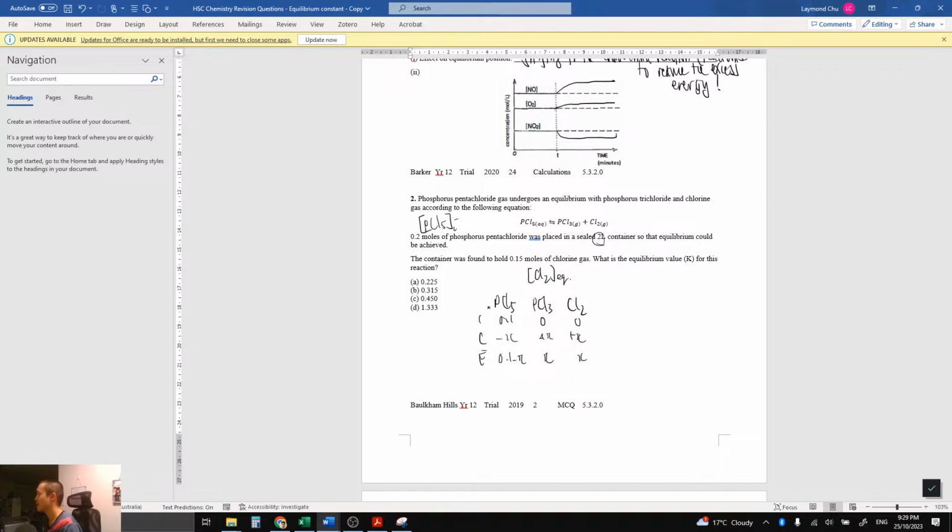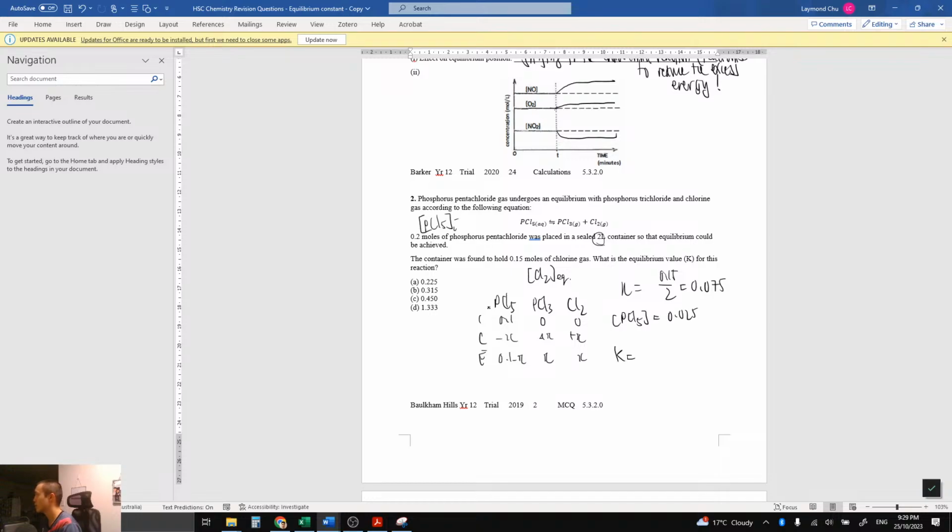Okay. At equilibrium, our concentration of chlorine gas means x is equal to 0.1 over 2, which is 0.075. So therefore our equilibrium of PCl5 is 0.025.